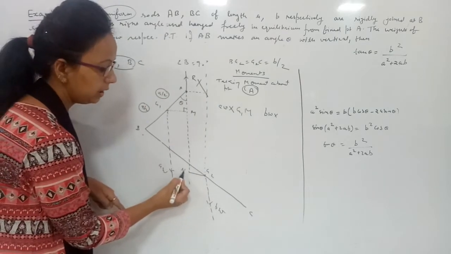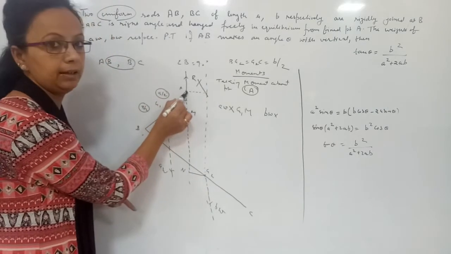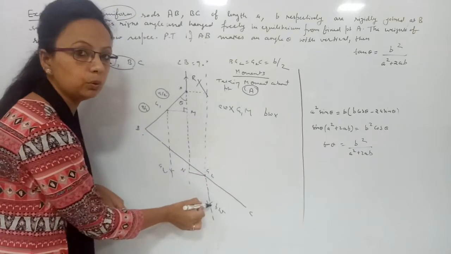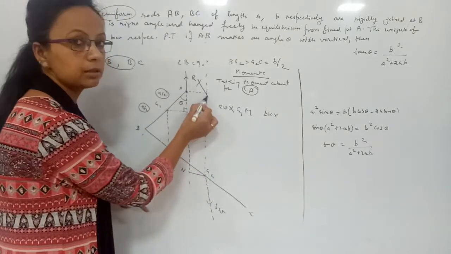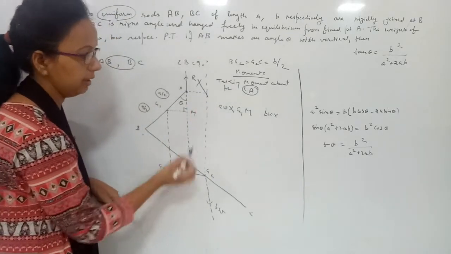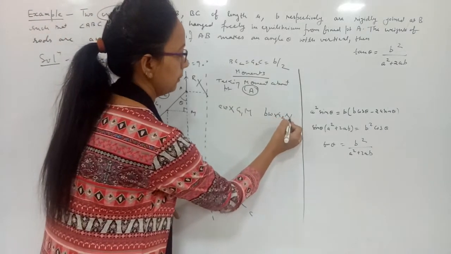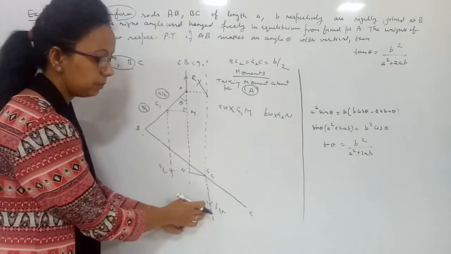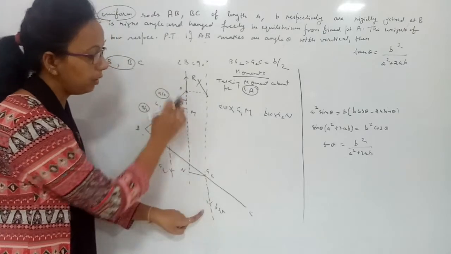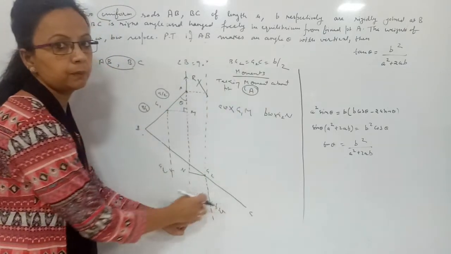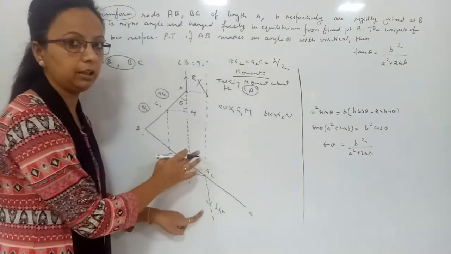So here the perpendicular distance of A from BW is either this or you can say G2N. So here we have G2N. Now see, this BW is downward and it will move about A like this, clockwise. So it is negative.